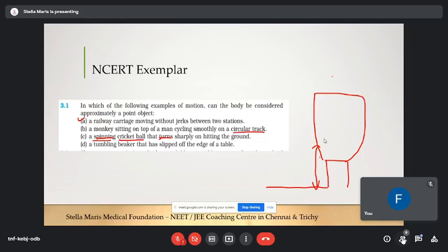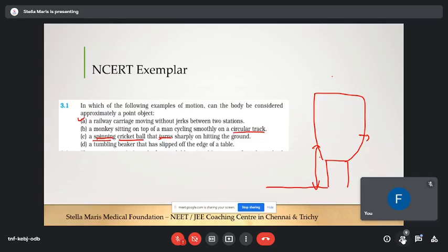And for the validation of the first point, that is a railway carriage moving without jerks between two stations. What is a railway carriage? It is not the whole train, right? Just a railway carriage. The distance between the two stations will be large, right?